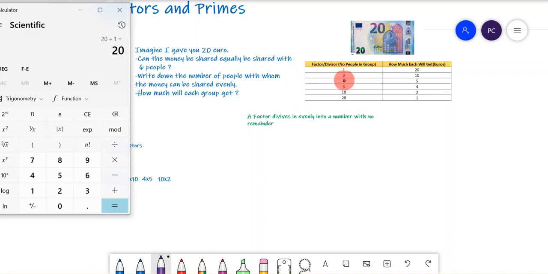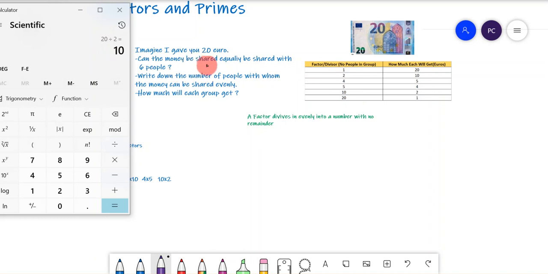Now again, if we go down the line and we take that €20 and split it between 2 people, then each person is going to get €10. So if we take 20 and divide it by 2, that's equal to 10. It divides in evenly without any remainder.